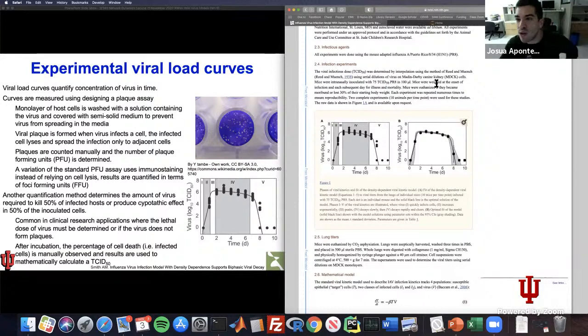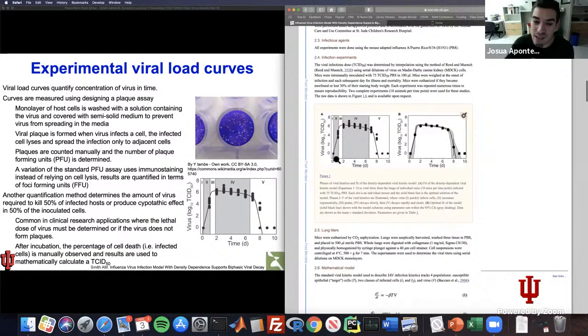They were weighed at the beginning of the infection, and then euthanized when they were moribund, I mean, really bad, or they lost 30% of their original starting body weight. And they have 10 mice per point. So all those points that you're seeing here are 10 mice per data point.